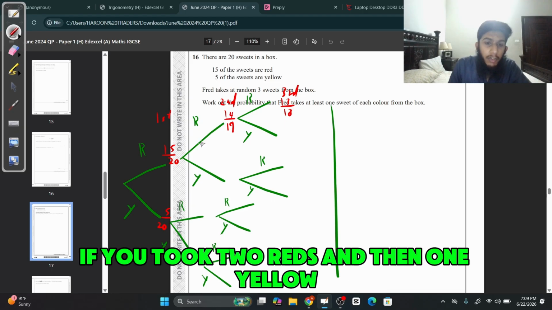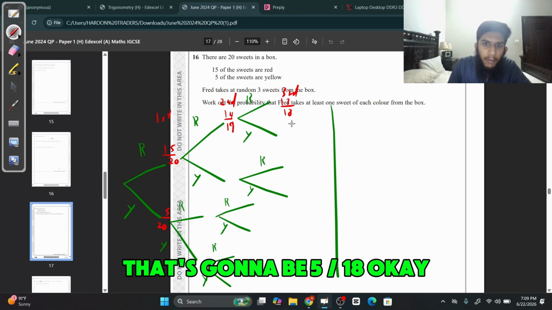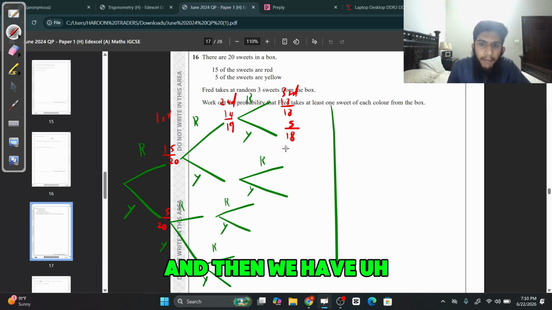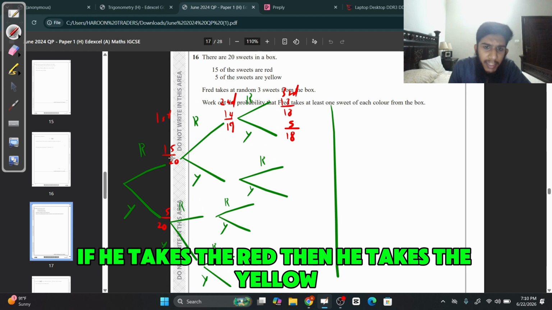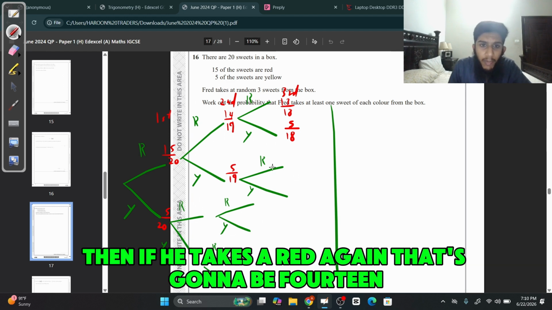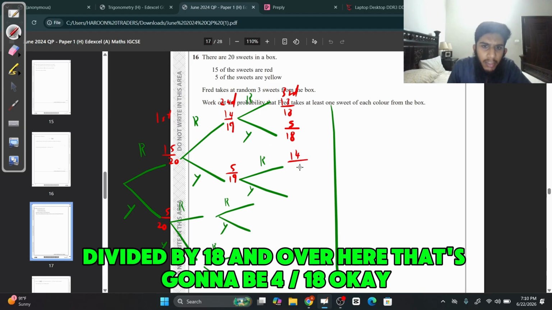If you took 2 reds and then 1 yellow, that's gonna be 5 divided by 18. Okay, and then if he takes the red, then he takes a yellow, we're gonna have 5 divided by 19. Then if he takes a red again, that's gonna be 14 divided by 18, and over here that's going to be 4 divided by 18.